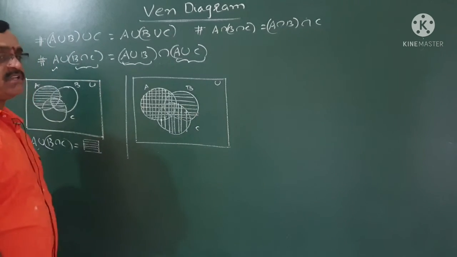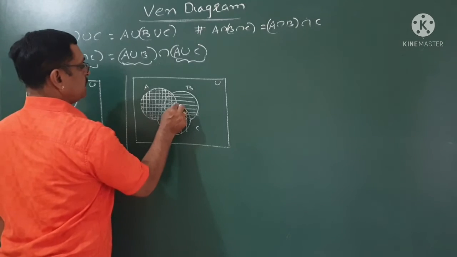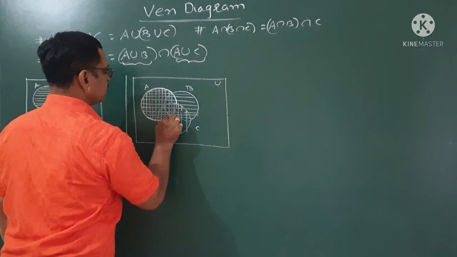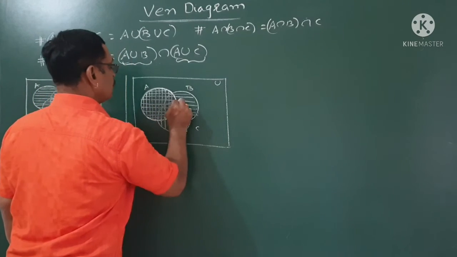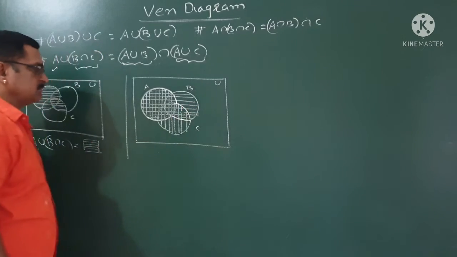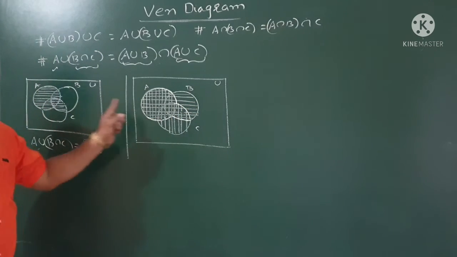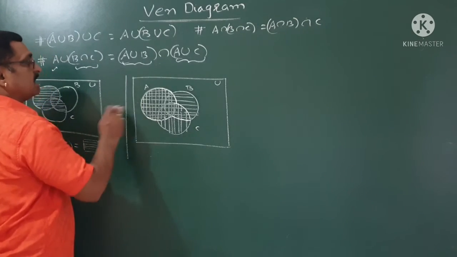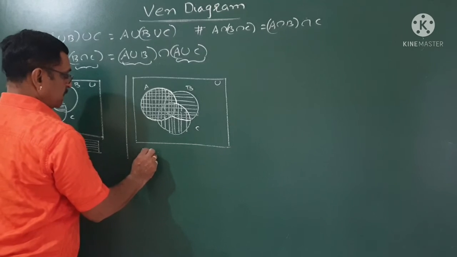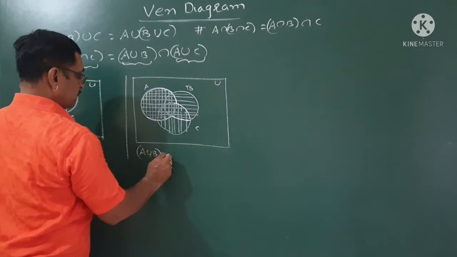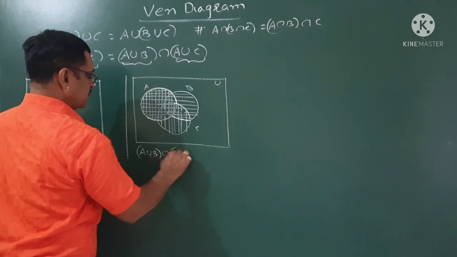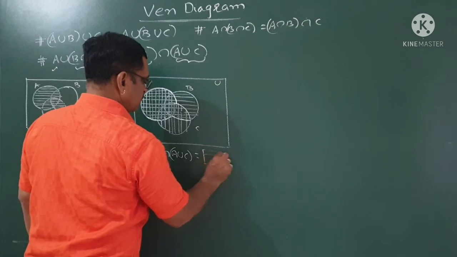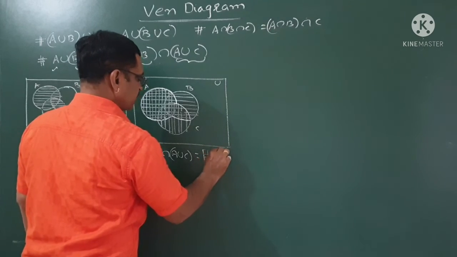Now I told you intersection is common part. Which is a common part here? This is, again I got a lamp. So look here, these two shapes are same. So by looking at the diagram, easily I can say (A union B) intersection (A union C) is equal to wherever vertical lines and horizontal lines used.